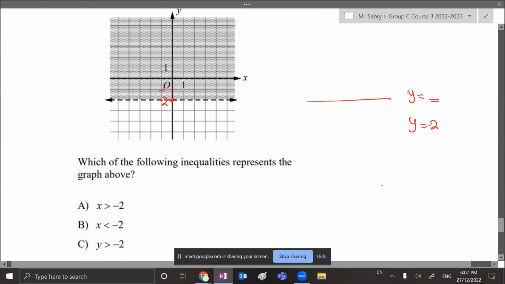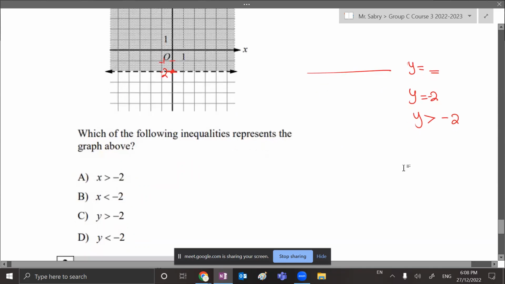And it's shaded everything above the line. So it means that y is bigger than -2. Now, if it was bigger than or equal, then this must be a solid line. But because it's a dotted line or a dashed one, then it doesn't have the equal sign. So therefore, the correct answer for this one is C. And it makes sense. Y is bigger than.